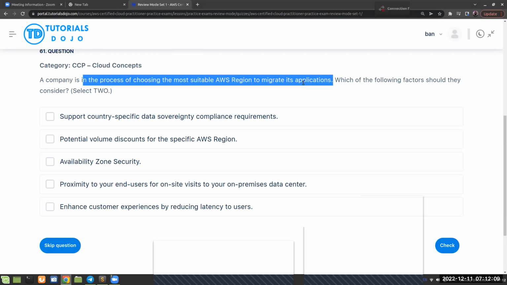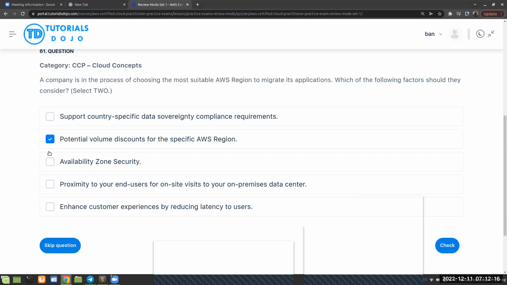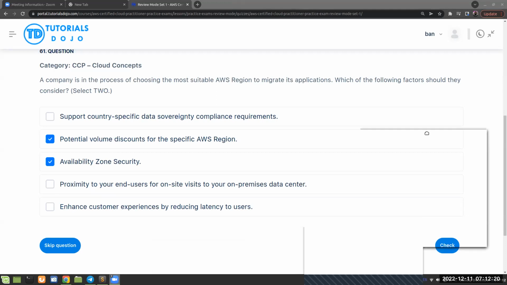I think C and B. B and C. Okay. I see an A and an E. So what about the others? You're in the process of choosing, so that's the key thing.